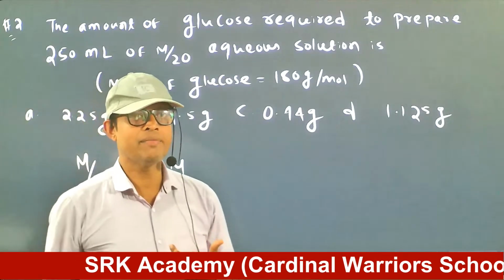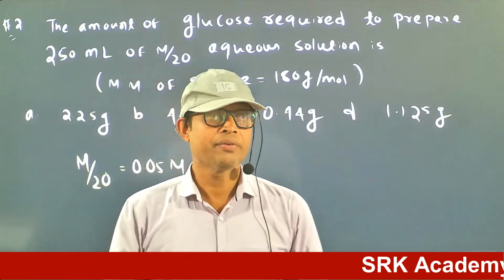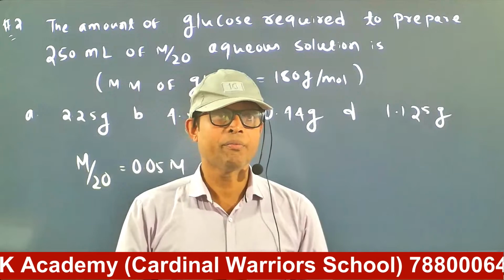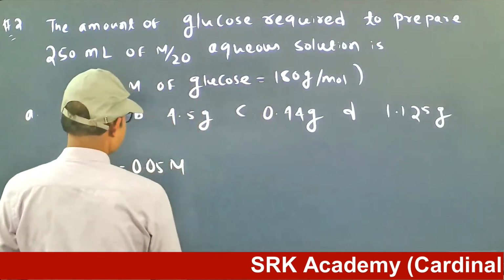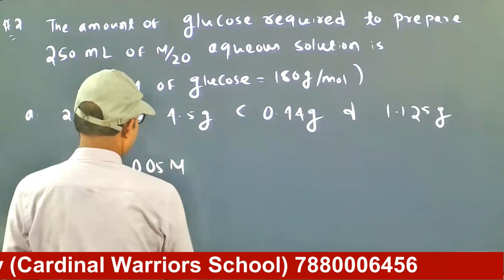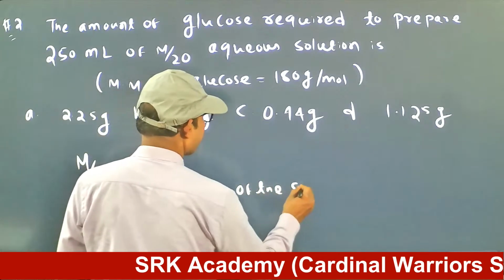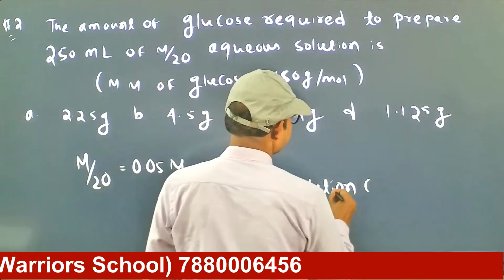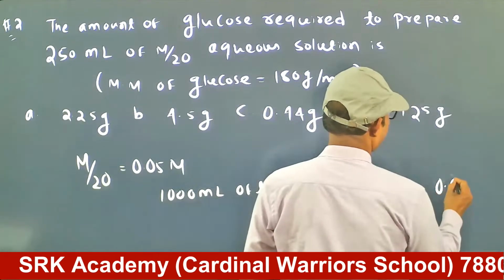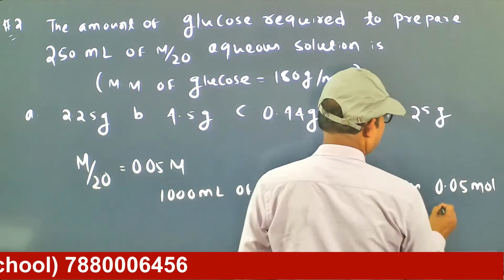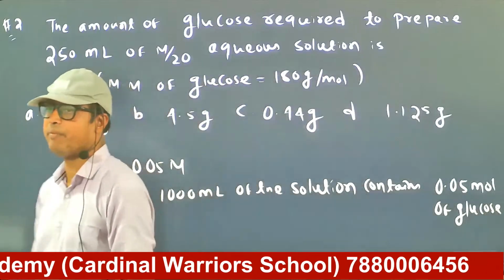So first we try to understand what M/20 means. 0.05 M means 0.05 moles of the solute present in a liter of the solution, that is 1000 ml of the solution, which contains 0.05 mole of glucose. Solute is glucose. Understood?